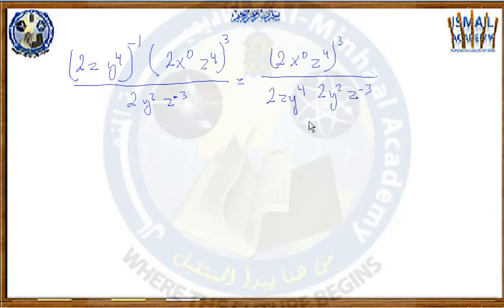Everything is times here. Then you see I have x to the 0 here. It's only 1, so I don't need to keep it, I need to take it off. So at the end I will have 2z to the 4 cubed over 2zy to the 4 times 2y squared z to the minus 3.